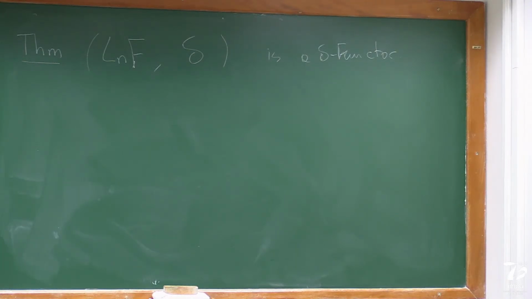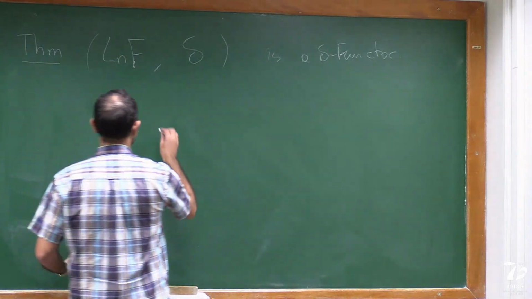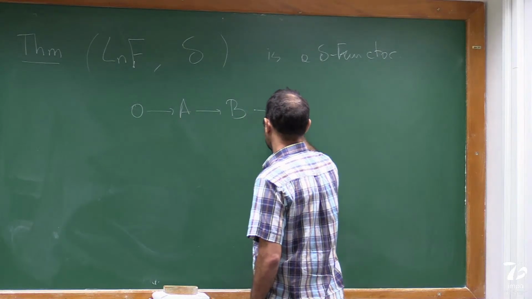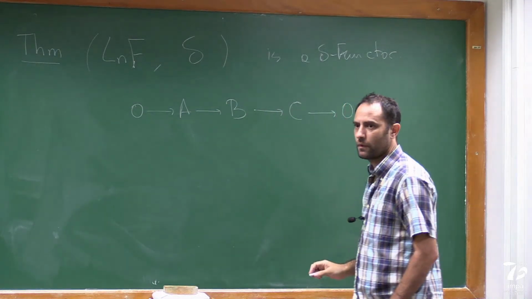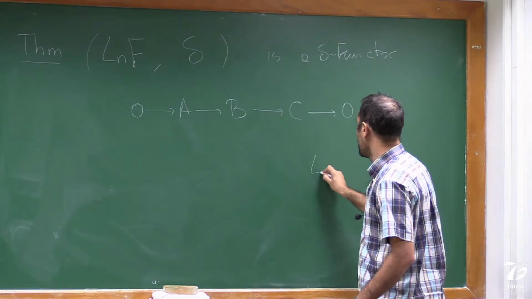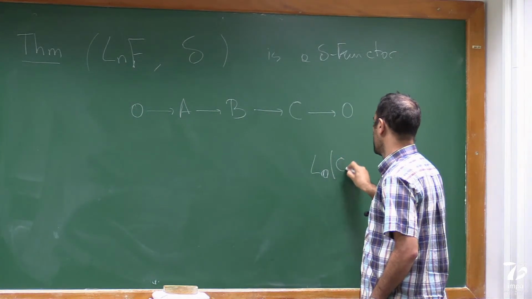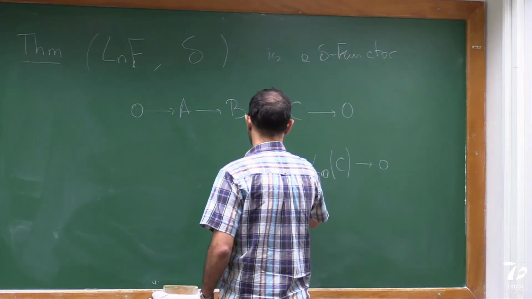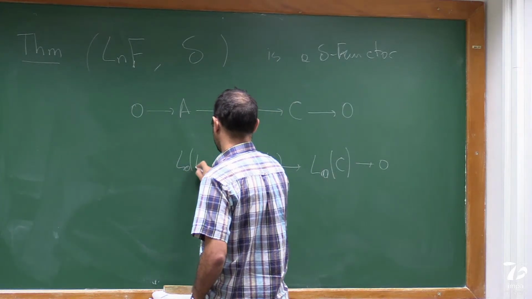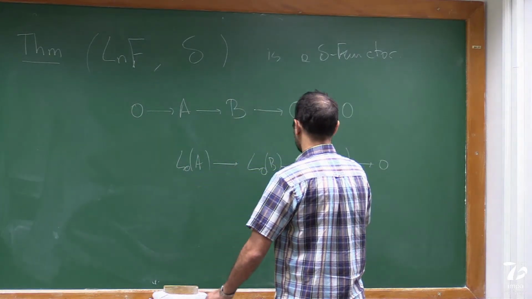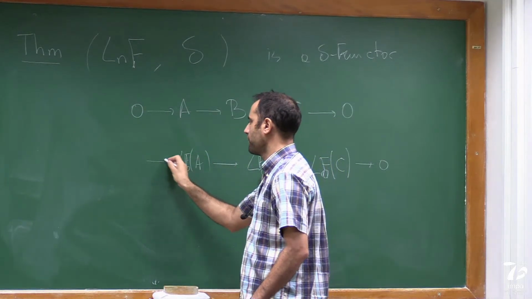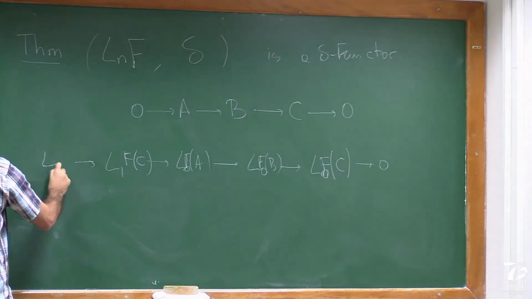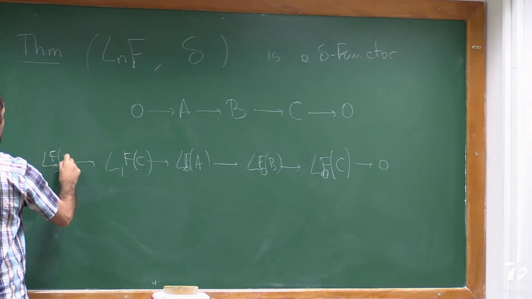What this includes is the fact that if you have a short exact sequence like this, then we want to get a long exact sequence: L_0 F of C, L_0 F of B, L_0 F of A. These are all derived functors of a fixed functor F. L_1 F of C, L_1 F of B, and so forth.